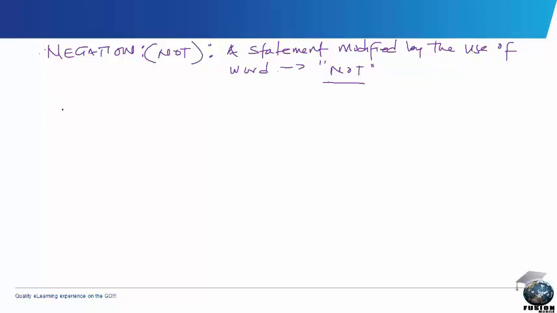For instance, we can take an example as this. We shall determine the truth values of the following statement: the triangle has 4 vertices.